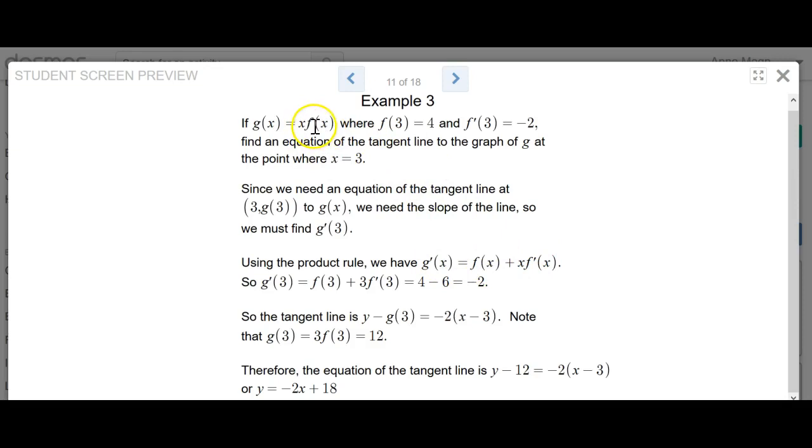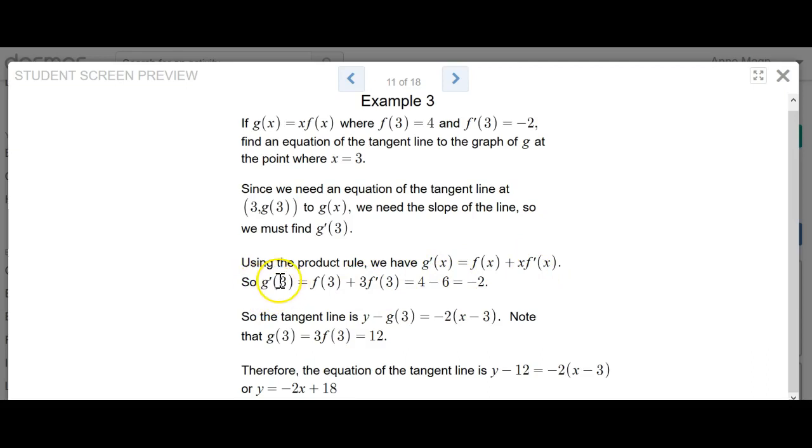We don't know what f of x is exactly, but we are given this information. And we know that we're going to eventually be evaluating g at 3. g prime of x is going to be the derivative of the first factor, which is just 1, times the second factor, f of x, plus the first factor times the derivative of the second factor, which is f prime of x. We don't know what it is, but we know it's f prime of x.